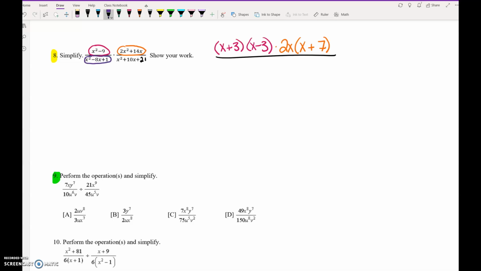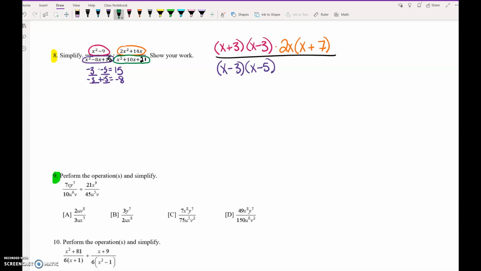On the bottom left, you're looking for 2 numbers that multiply. The way this printed is super weird. 2 numbers that multiply to give you 15 that add up to negative 8. That would be negative 3 and negative 5. So that would be x minus 3, x minus 5. And then, so that was that one.